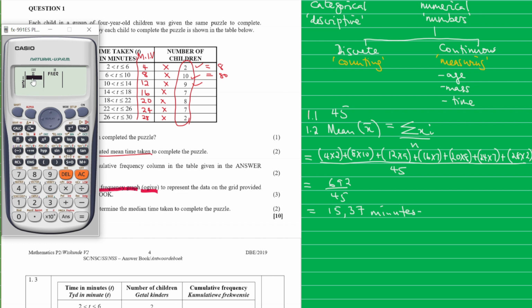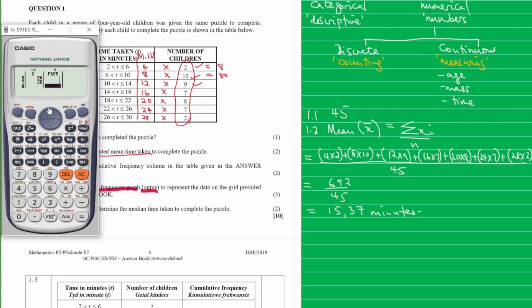So now I'm going to have here 4 equals, enter those values, 8, 12, 16, 20 equals, 24 equals, and 28 equals.